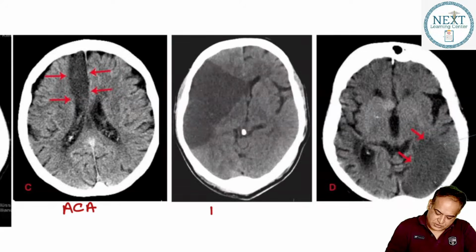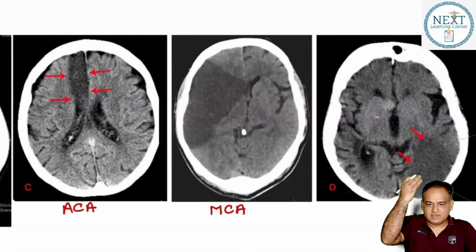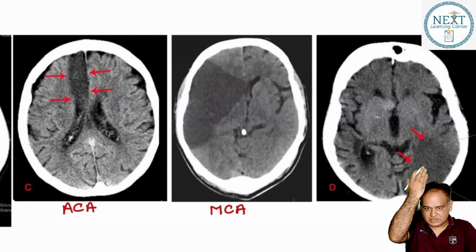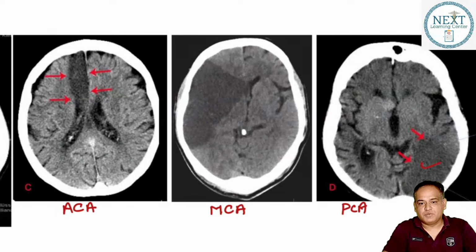Second image is showing infarct at the level of middle cerebral artery. And for the third one, you see here, this area is infarcted. So this is posterior cerebral artery. The three clear patterns of infarct.